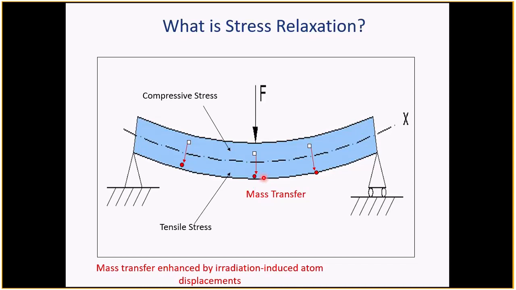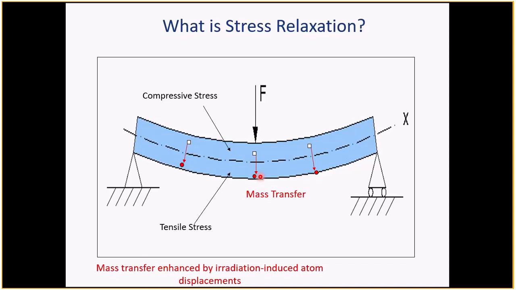So if you remember in the ray theory lecture, I said during irradiation, the number of vacancy point defects is elevated by something like 4 or 5 orders of magnitude. And the number of interstitial point defects is elevated by 6 to 8 orders of magnitude. So with irradiation, we have lots and lots of these point defects floating around.